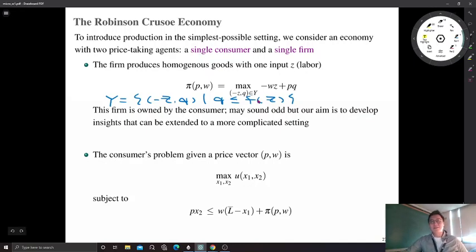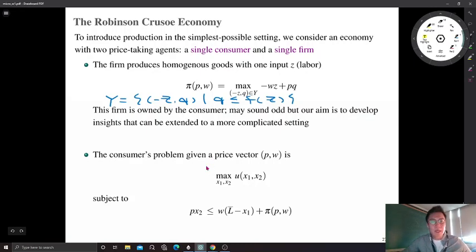It may sound odd, but our aim is to develop insights that can be extended to a more complicated and more general framework in the end. So bear with us. We are going to generalize this framework, but our current objective is to develop insights from this model. What happens if we incorporate production into the economy? What further issues do we have to consider? That is going to be the main topic of this video and of this second example.